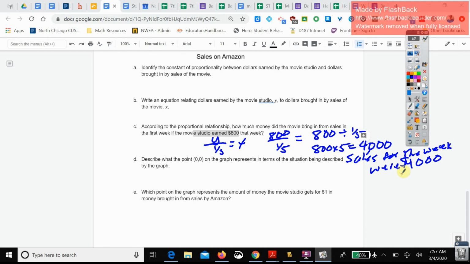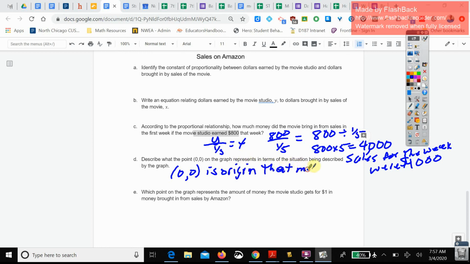Describe the point (0, 0) on the graph. What it represents in terms of the situation being described by the graph. So (0, 0) is the origin. That's not describing it.